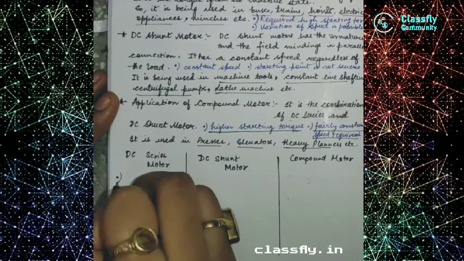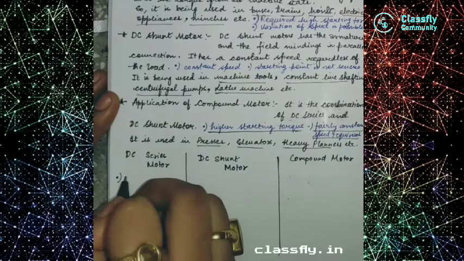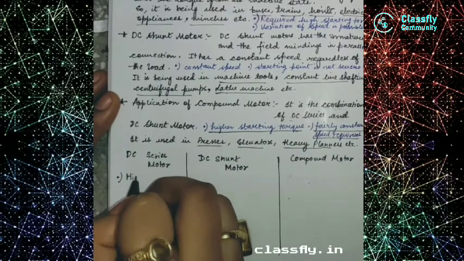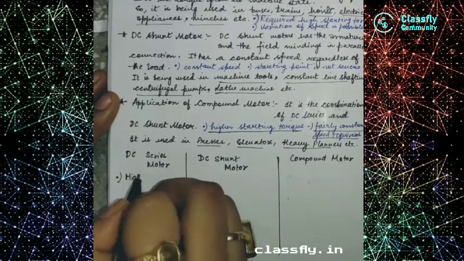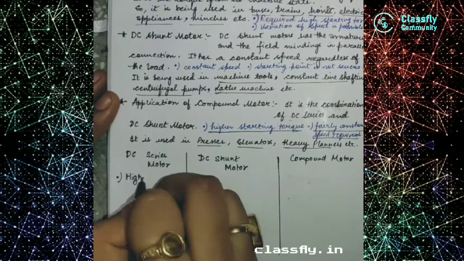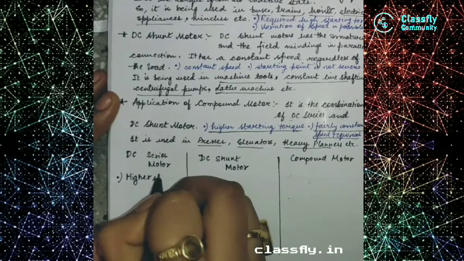Their properties: DC series has the same property as compound, a higher starting torque.